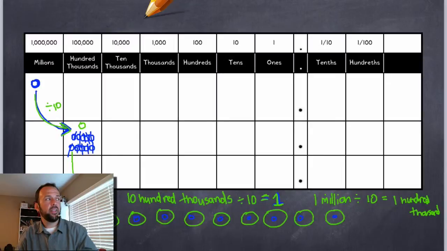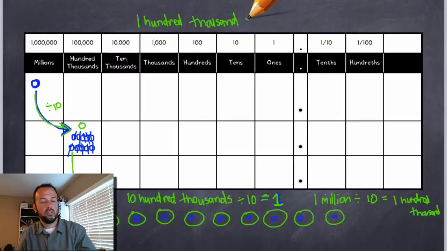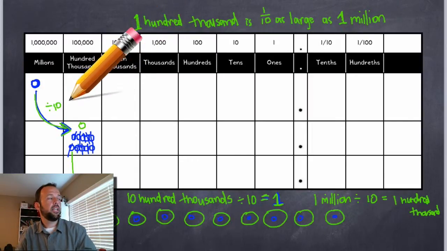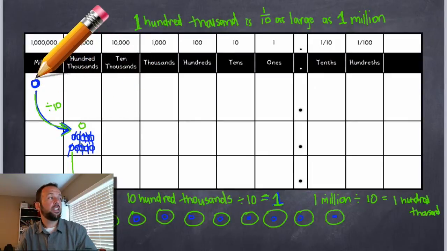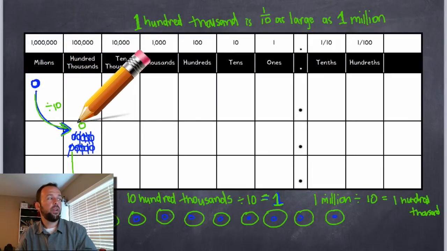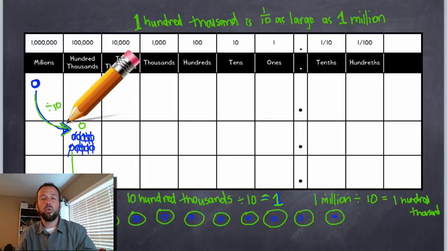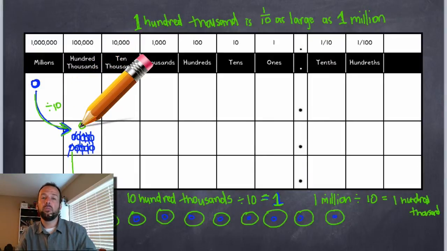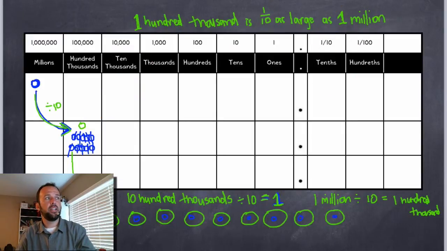And one other way we could think of that, to stretch our thinking even more, is we could say that 100,000 is 1/10 as large as 1 million. If I take that million and divide it by 10, I get 100,000. So that means 100,000 is 1/10 the size of 1 million, because we're dividing it by 10. That's 1/10, and dividing by 10 means basically the same thing, okay?